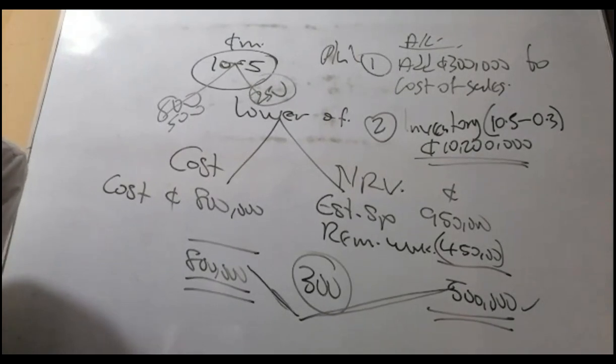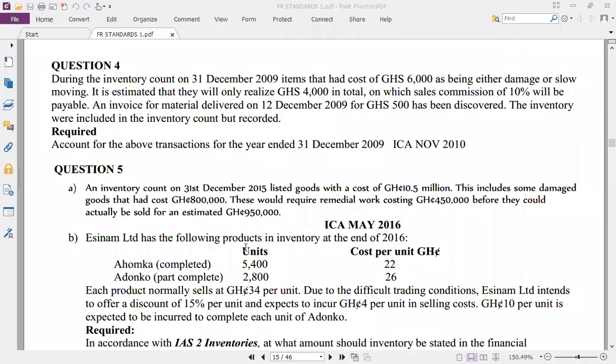In the question, they said the inventory count on 31st March 2015 listed goods with a cost of 10.5. So the entire cost is what? 10.5. This includes some damaged goods. They say includes. They didn't say that these goods are what? Damaged. Have you seen? So it's a part of the goods. So that means you are only valuing part, not the entire goods. So that's the instance.